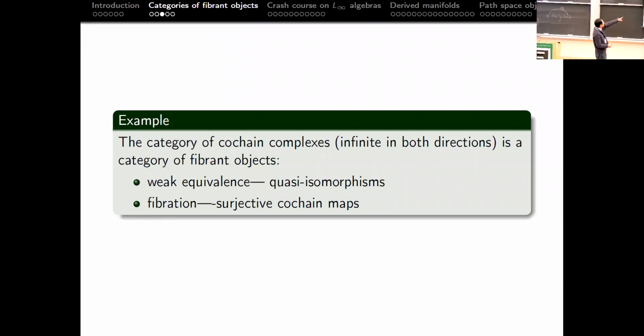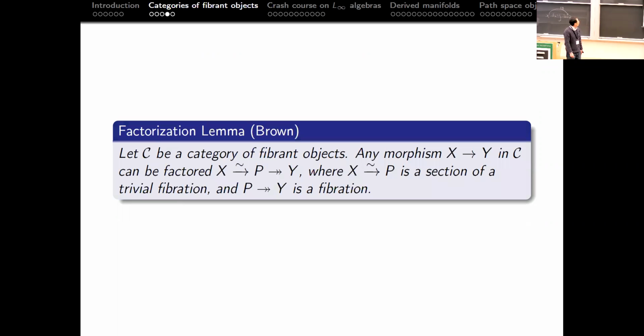And this is one of the examples. The weak equivalence is quasi-isomorphism, and the fibration is just the surjective chain maps. And this is a CFO. Now, what actually in Brown's paper, he gave an outline. What you do is, if you have those axioms, the longest axiom, in fact, is the most important one. As I said, just the diagonal map, you can factorize.